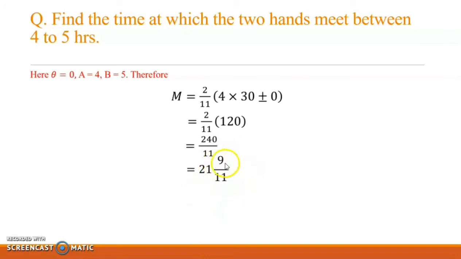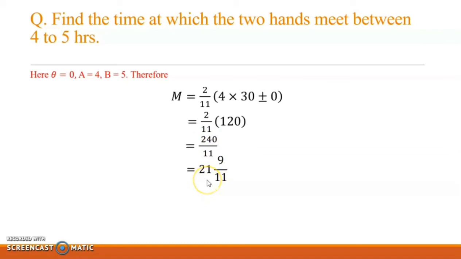Now again let me tell you, when I write this, it means what? This is something that we obtain as quotient when we divide 240 by 11, and this is the remainder. That is, upon dividing 240 by 11, the quotient we get is 21 and the remainder is 9. So 21 into 11 plus 9 is equal to 240.